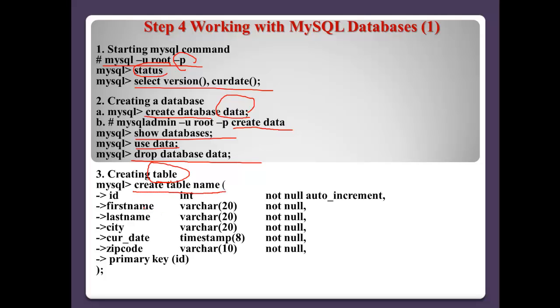In my video, I will make the table name is name, and there are 6 kinds of columns. For example, ID will have the data type integer, not null, and the option auto increment. First name, last name, city have this kind of data type, this kind of option, and the zip code also. And in this table, ID will be the primary key.